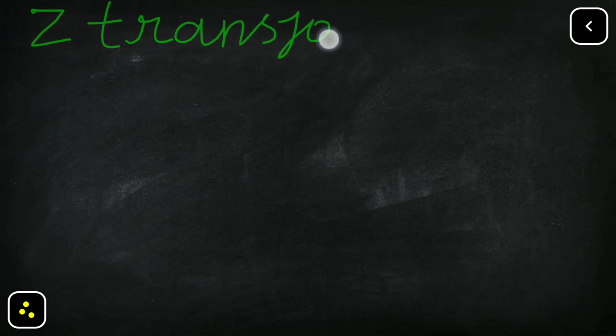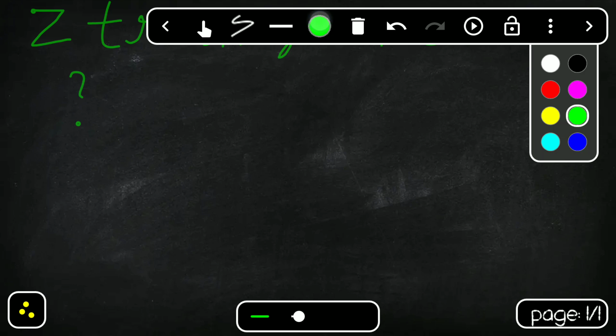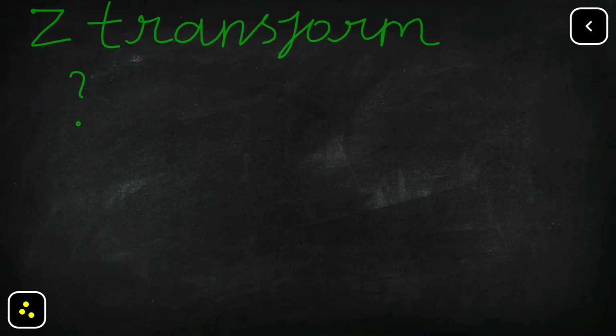So we have one question that arises. What is Z transform? So Z transform is the very first point. A Z transform is the extension of the discrete time Fourier transform, right?